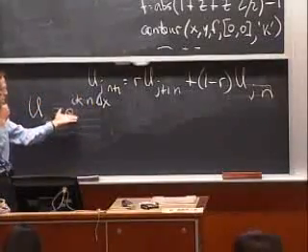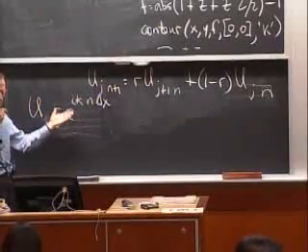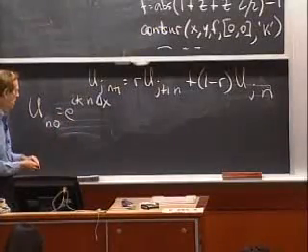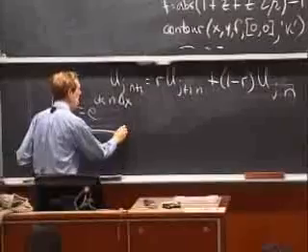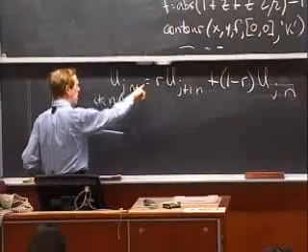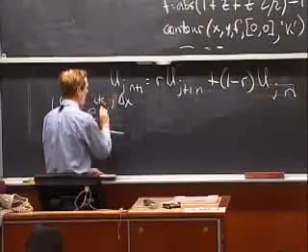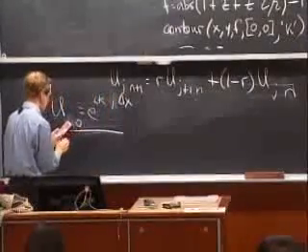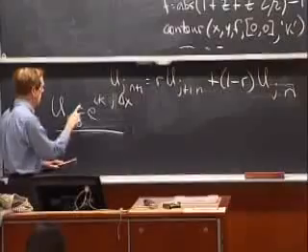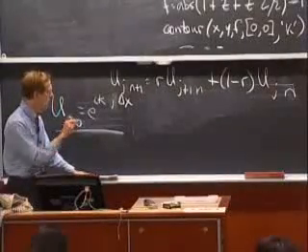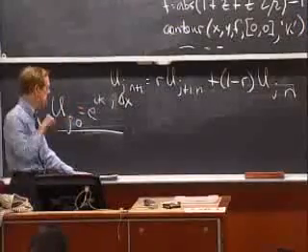That's my initial e to the i k x, that's my pure frequency. I plug that in to the, not n, but j. j is measuring how many delta x's I'm going across. n is measuring how many delta t's I'm going up.